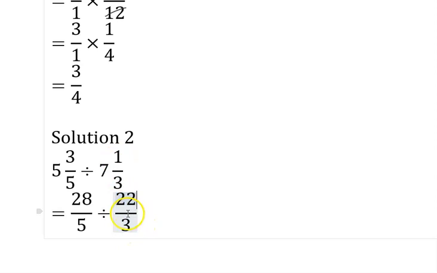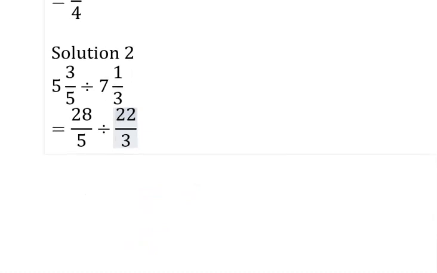So the next thing is for us to change our division sign to multiplication. But don't forget, while doing that, we are going to swap what we have down up, or what we have up down.